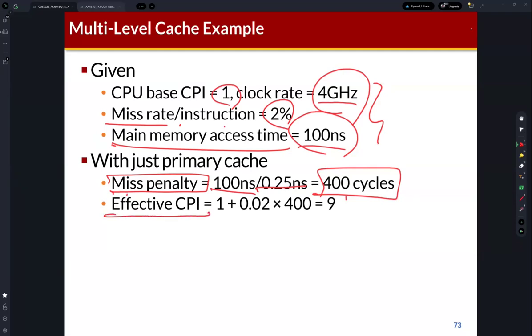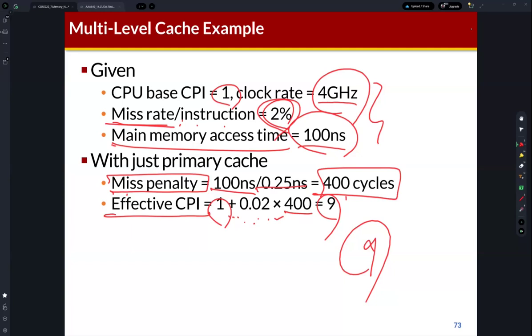Then what is the effective CPI? This is the miss rate per instruction. So 1, the baseline CPI, plus 0.02 multiplied by 400, is 9. So what does that mean? The CPU is very fast, and the main memory is slow.